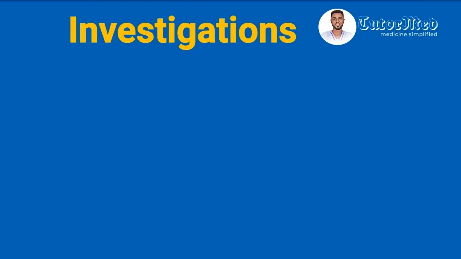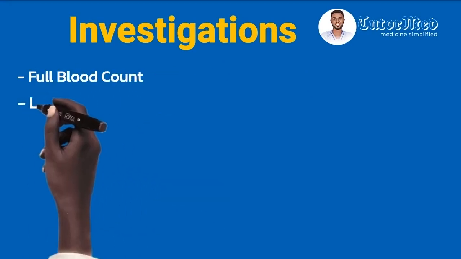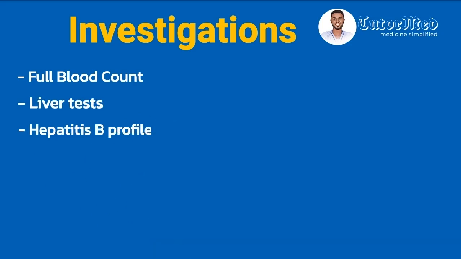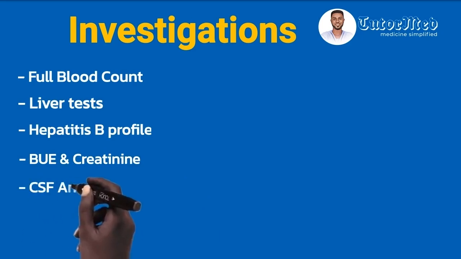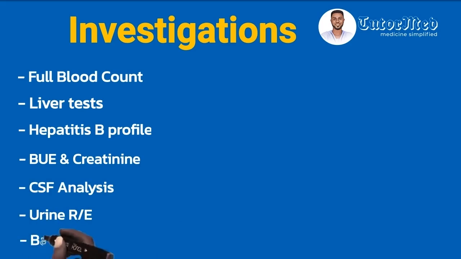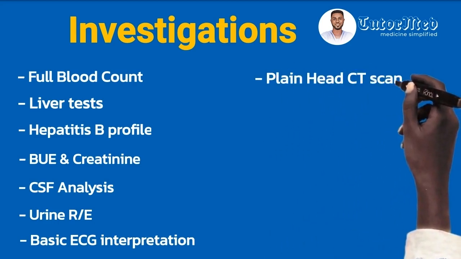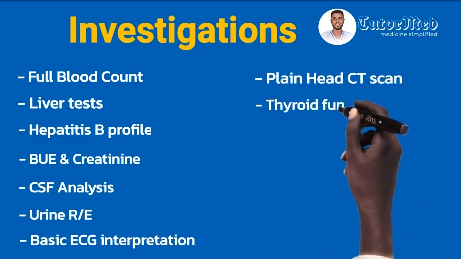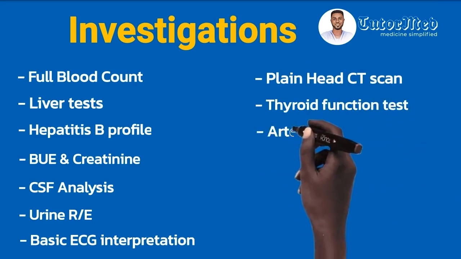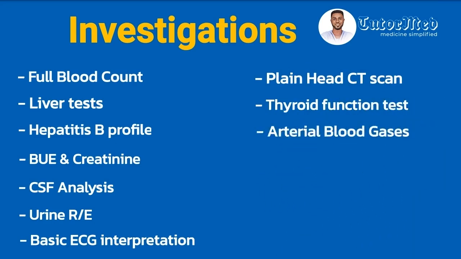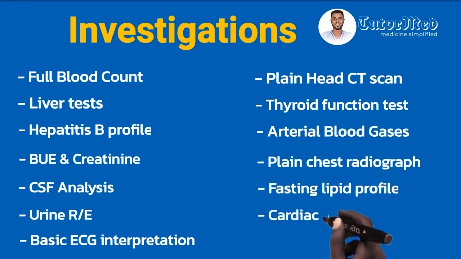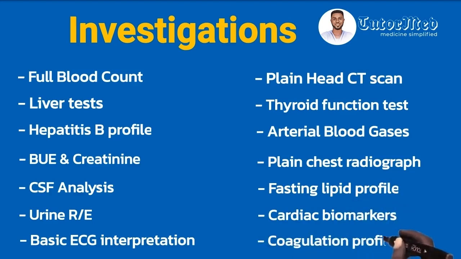We have the full blood count, a liver function test, hepatitis B profile, blood urea electrolytes and creatinine, cerebrospinal fluid analysis, urine RE, basic ECG interpretation, plain head CT scan, the thyroid function test, arterial blood gases, plain chest radiograph, fasting lipid profile, cardiac biomarkers, coagulation profile.